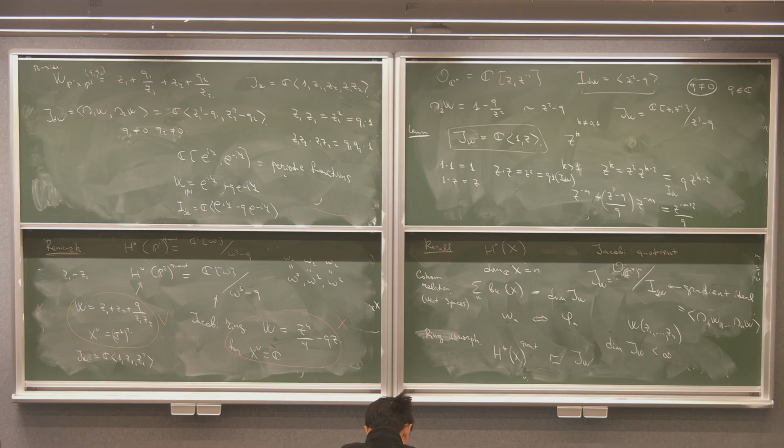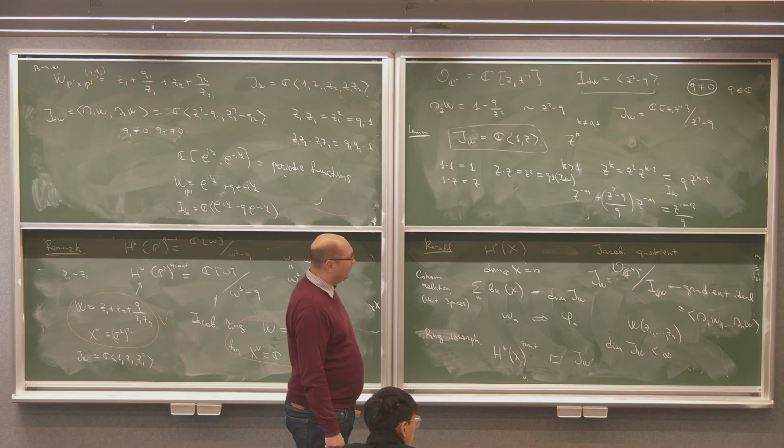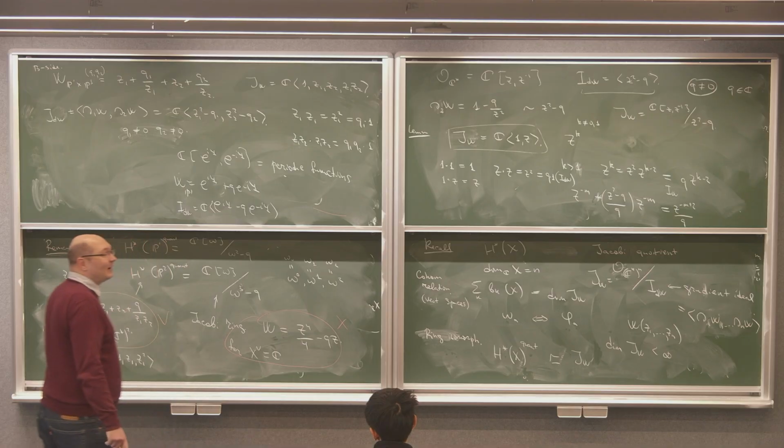Excuse me, I don't understand this construction here. Why can you decide such C star to call? For me, that is part of that black box that I didn't explain.